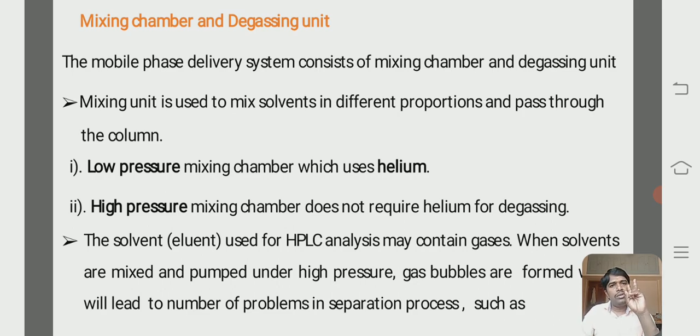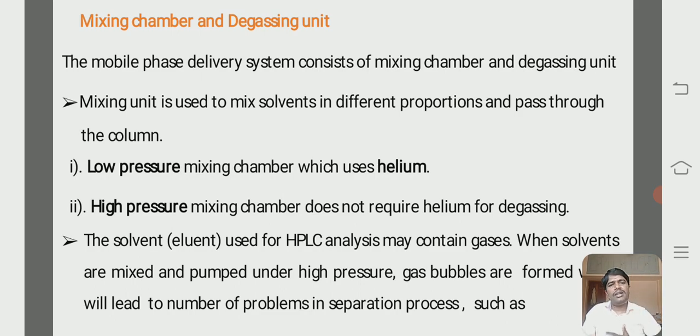We have two mixing units here. One is a low pressure mixing chamber which uses helium, and another one is a high pressure mixing chamber, which does not require helium for degassing. This is about the mixing chamber.